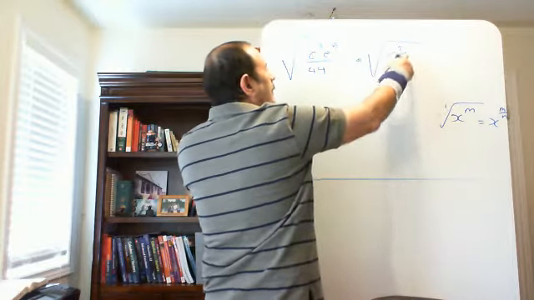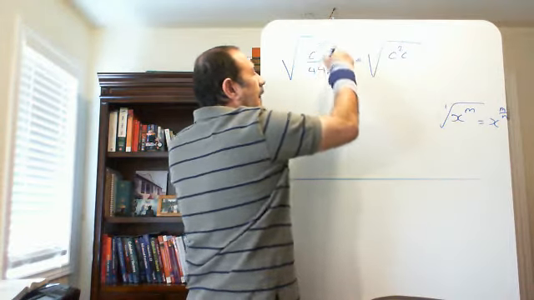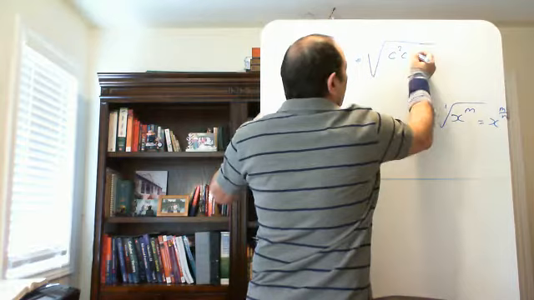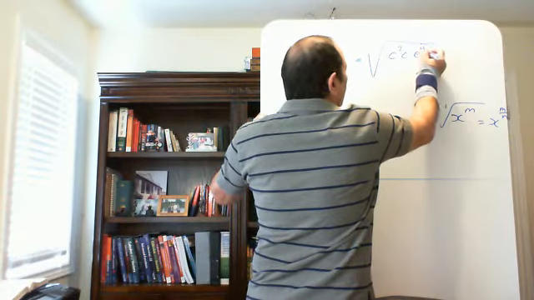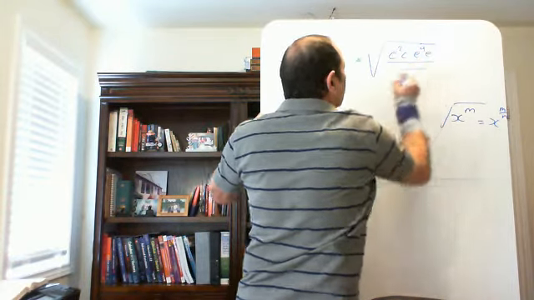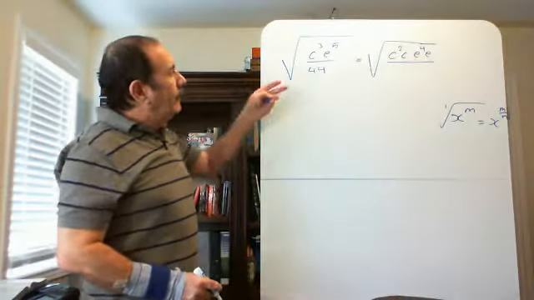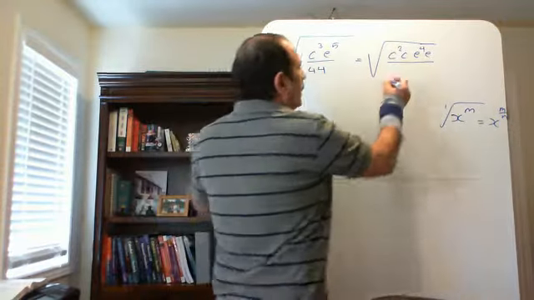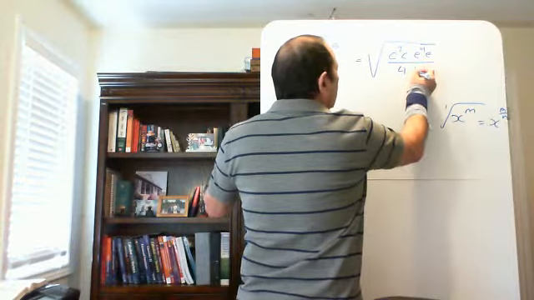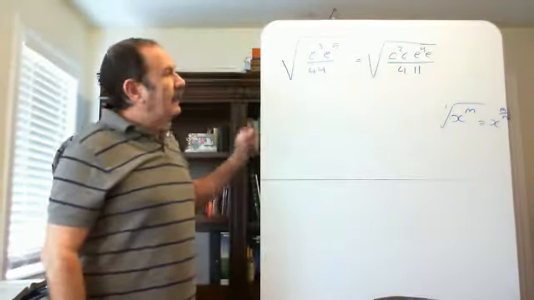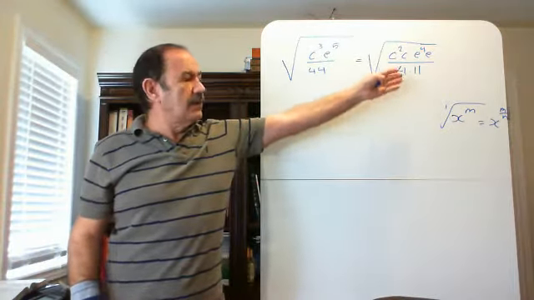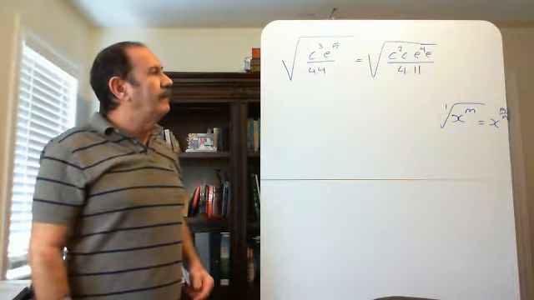E to the power of 5, I can write it as e to the power of 4 times e. What about the 44? 44, I can write it as 4 times 11. Again, if you don't find this one, just convert them to the prime factors, you will find it.